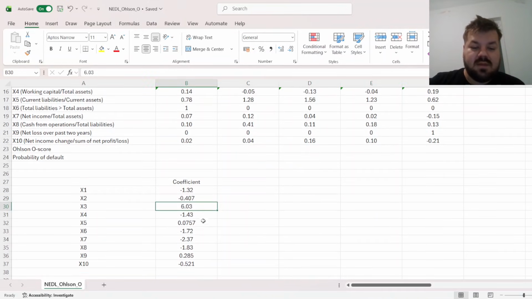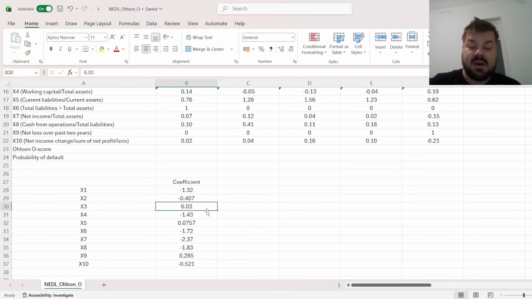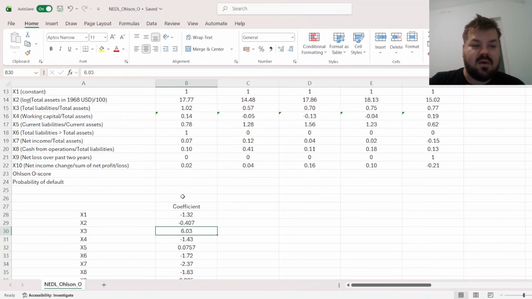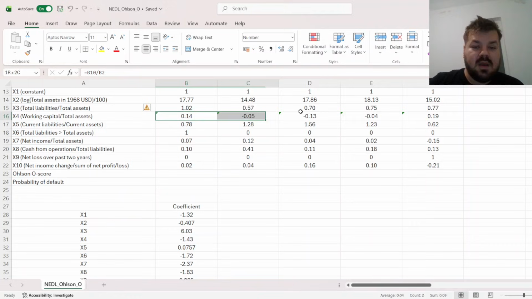Then the largest coefficient here, 6.03, so again a positive coefficient, meaning it increases the chances of default. Total liabilities over total assets, so more levered companies are more likely to default, experience financial distress. Again, very straightforward. Working capital over total assets, liquidity decreases the probability of default.